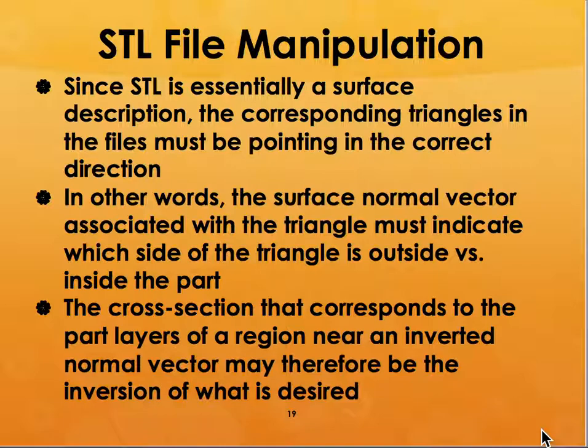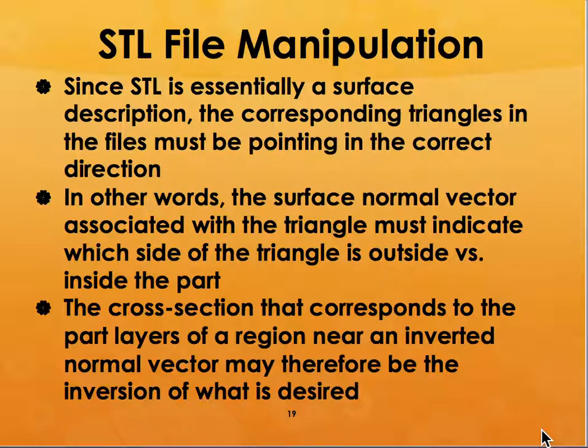Some of the things to note in the case of the stereolithography slice data is that the corresponding triangles in the files must all be pointing in the right direction, because this will control the direction in which the material is going to be deposited or laid down on that particular layer.